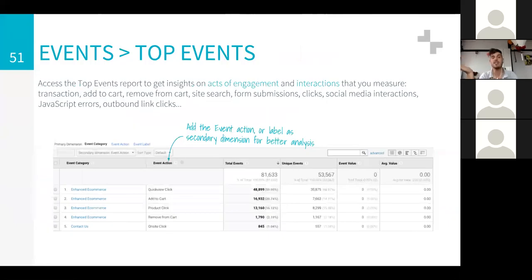Then the top events. The top events report will really depend on what was included in your measurement plan. It will be where you find every act of engagement that you decided to track. So it can be the form submissions, it could be how people have interacted with the video, it could be enhanced e-commerce in that example.